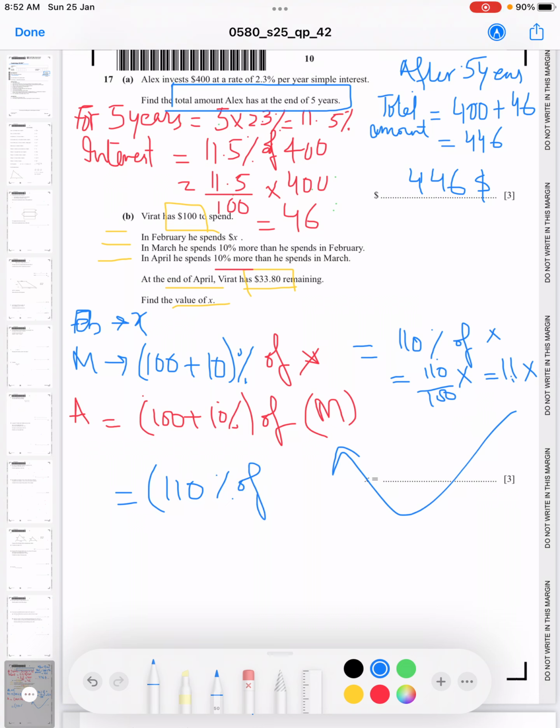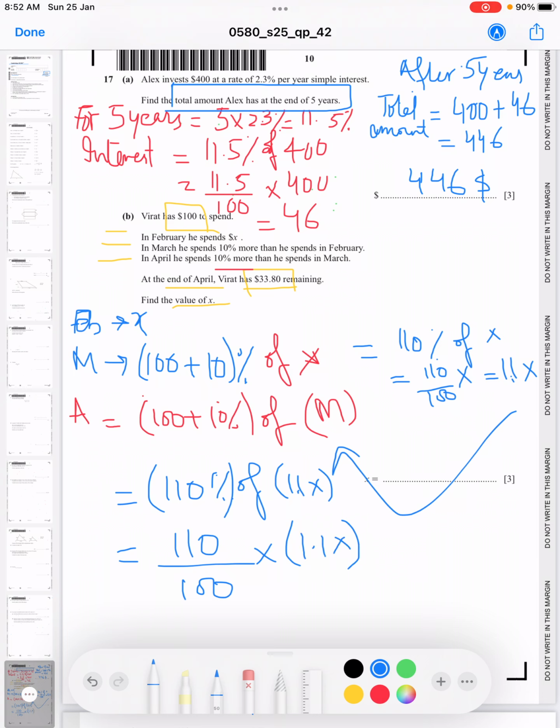So what we get, again 110% of 1.1x. Again 110% means 110 divided by 100, multiplied by 1.1 times x.